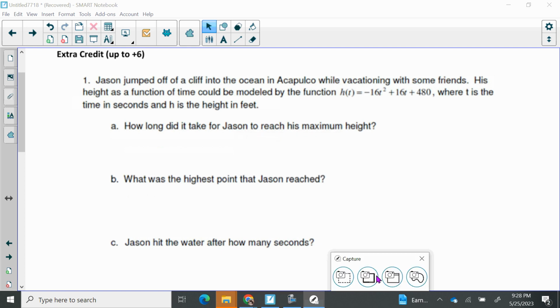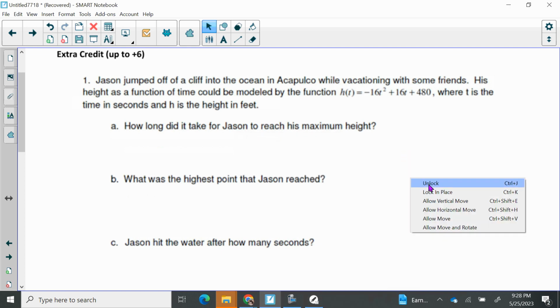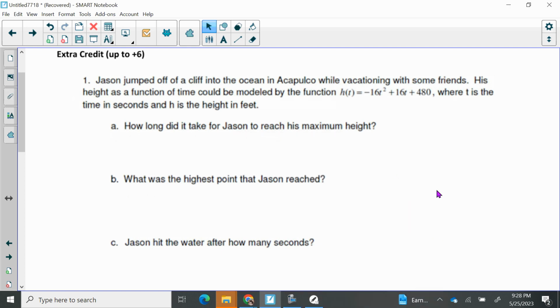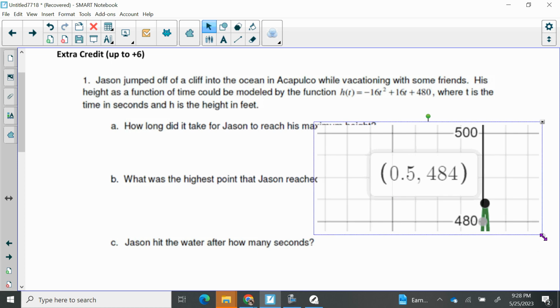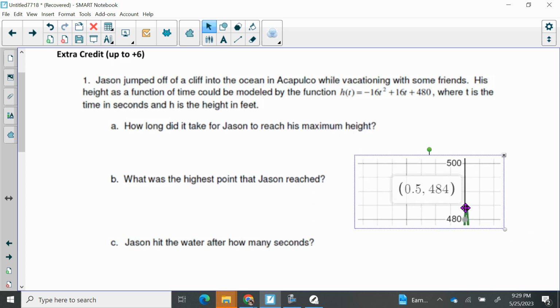How long did it take? So let's just paste that here. There we go. So right here, what these mean, 0.5 seconds and 484 feet, these are taken from the vertex.